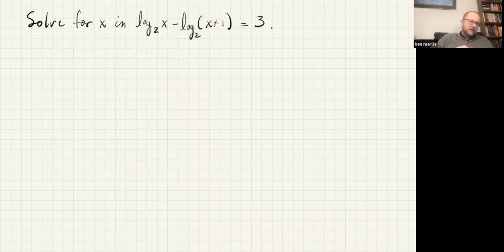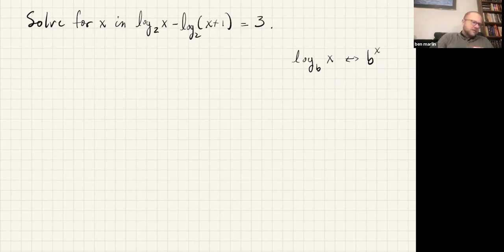Hope that works. Now we're going to take a look at logarithms and exponentials. And I need you to understand that if I talk about the log base b of x, that is the inverse of talking about b to the x power, okay?